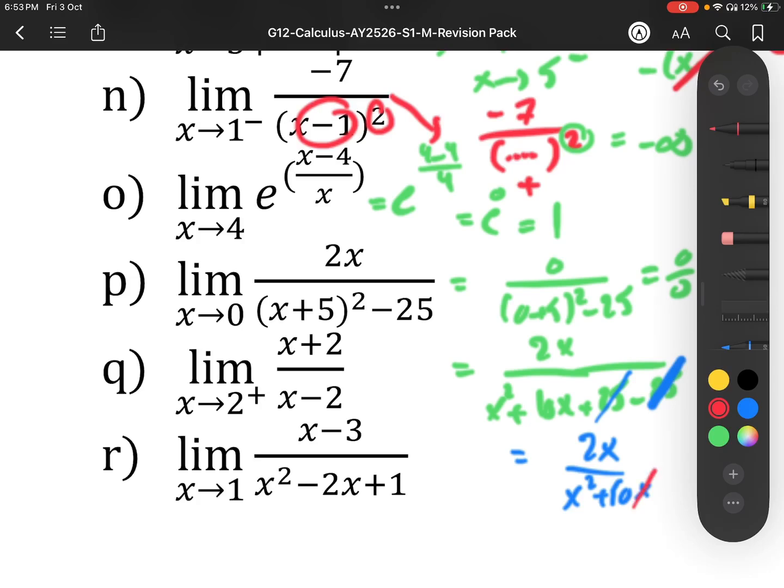Factoring x over x to the power 2, so it's going to be 2 over x plus 10. Replacing 0, 2 over 0 plus 10, 2 over 10, which is 1 over 5.